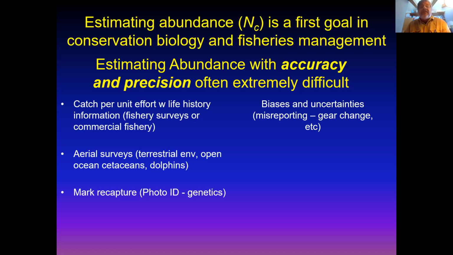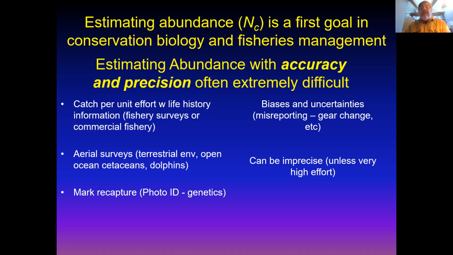The problem with catch per unit effort is that it's subject to biases and uncertainties. If the data span a number of years, there could be gear changes, often misreporting, etc. There are all sorts of reasons why an estimate of abundance based on catch per unit effort is subject to a lot of uncertainties and potential biases.